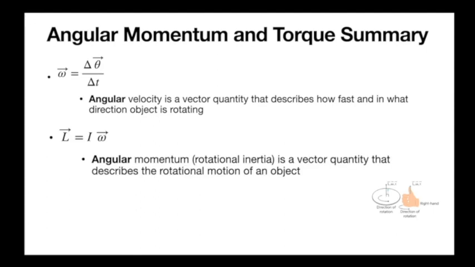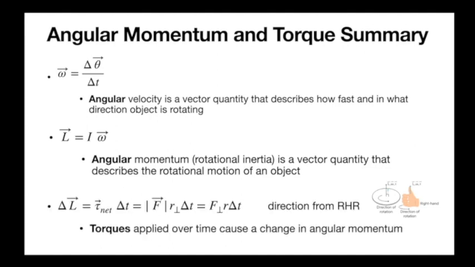And so we learned how to calculate rotational inertia, I, and we can multiply that by our angular velocity to get angular momentum. And then finally, angular momentum describes the instantaneous angular motion of something, how much motion it carries rotationally. And we can change that by applying torques over time.